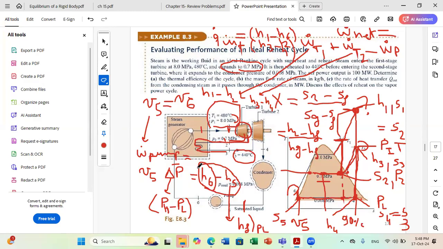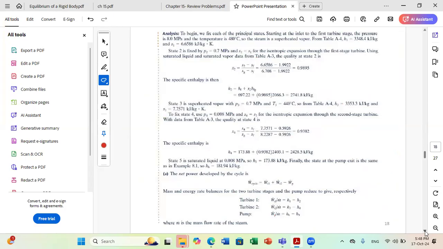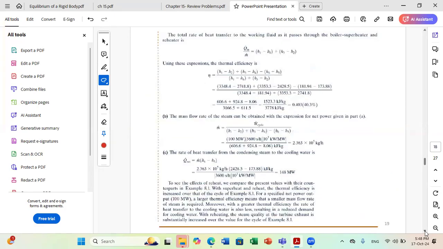Now I can calculate my thermal efficiency, which is the ratio: W turbine 1 plus W turbine 2 minus W pump, over Q dot N1 plus Q dot N2 per unit mass, so H1 minus H6 plus H3 minus H2.